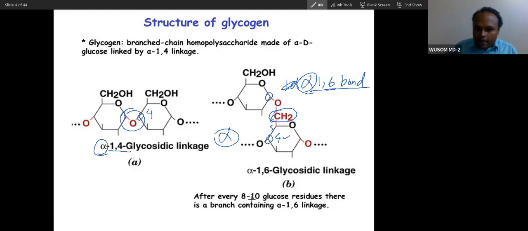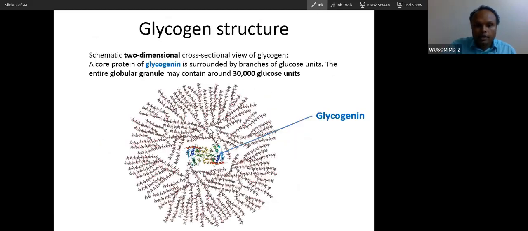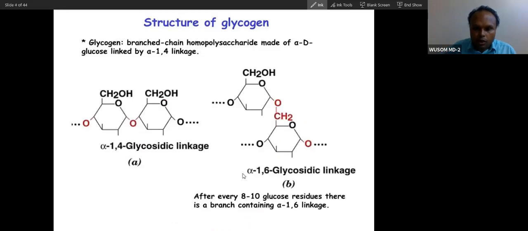Now, branching happens at every 8 to 10 residues. The distance between two branches will be 8 to 10 glucose residues. That is what this statement says. So every 8 to 10 glucose residues, there is a branch containing an alpha 1,6 linkage.